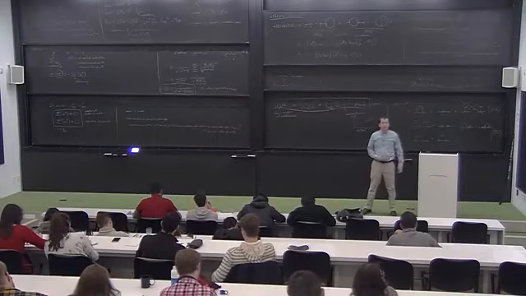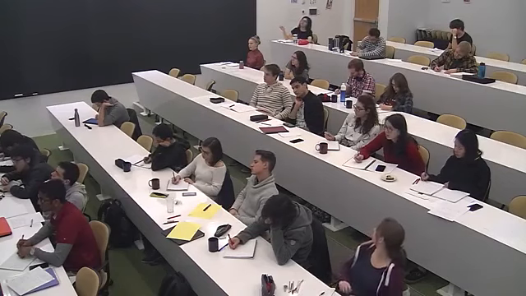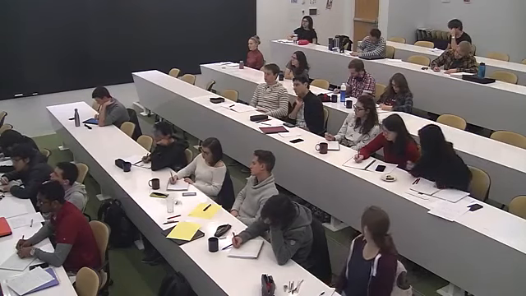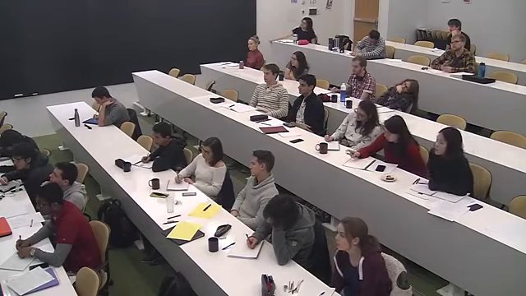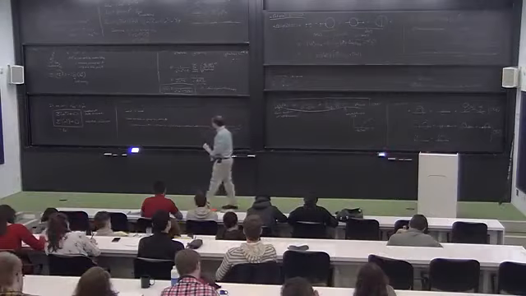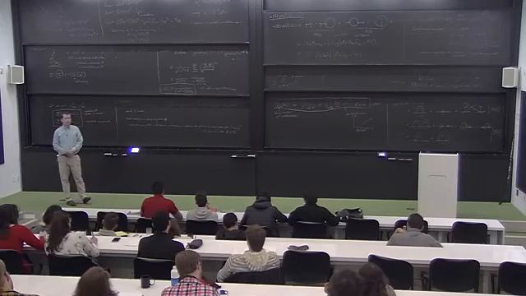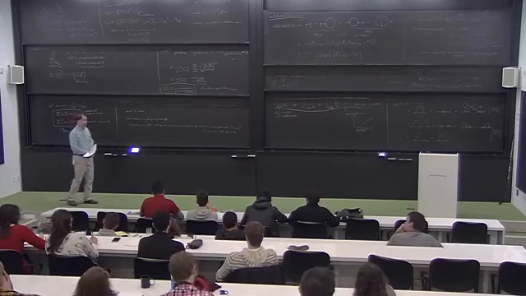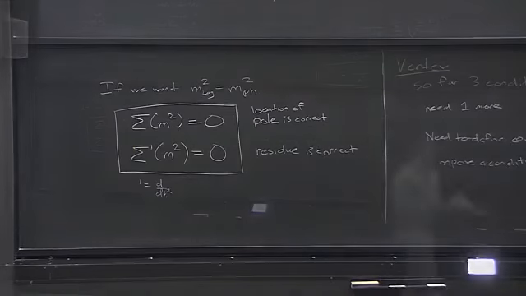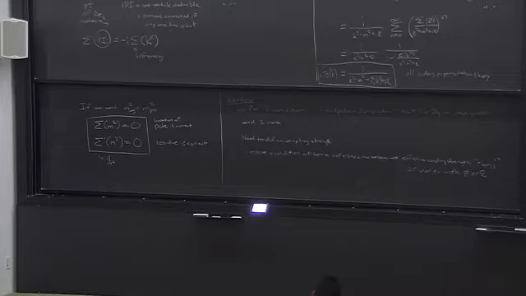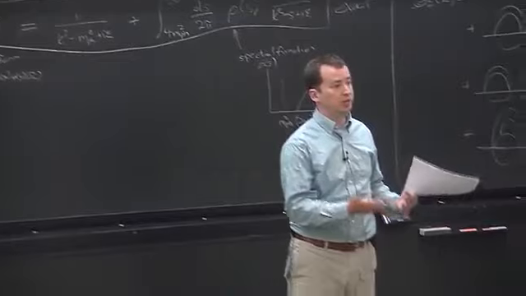So we impose these conditions in each order in the perturbation theory. So how do we know that there are not going to be important contributions in each order? Well, it depends on the value of our coupling. So if our coupling is small enough, then we'd expect, and we'll find in most reasonable cases, that the contributions from higher order will be smaller than the contributions at lower order.